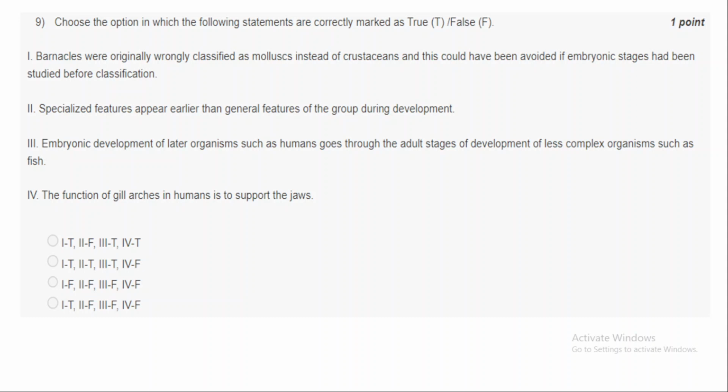That's why the earlier stages of embryos appear similar. But embryonic development of higher organisms does not go through all the developmental process of the fish. So the human doesn't become a fish totally first and then change into something else. At a point, the embryos start developing different characteristic structures.